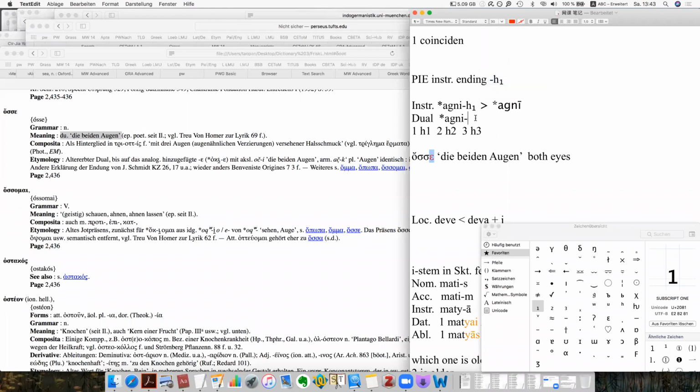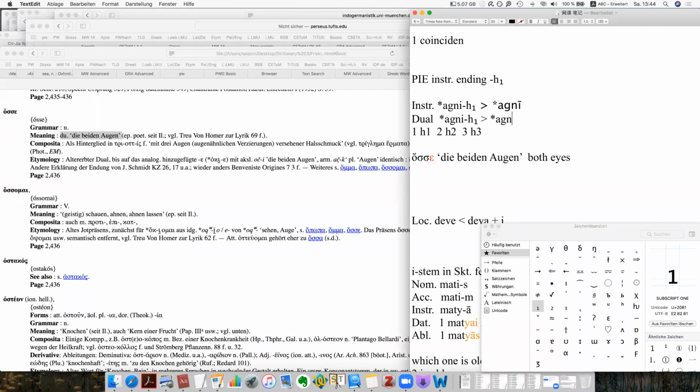What is the dual ending for Agni? Yes, this one, check it. This is epsilon. So based on this one, we know it's actually the same. It's also Agni.